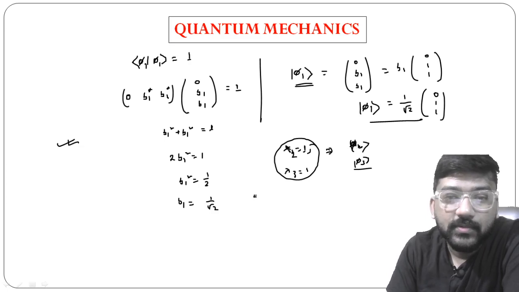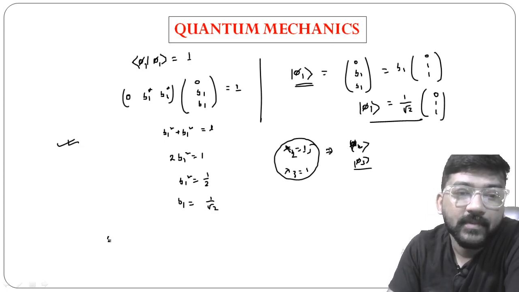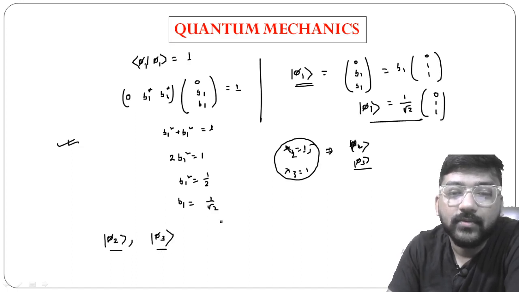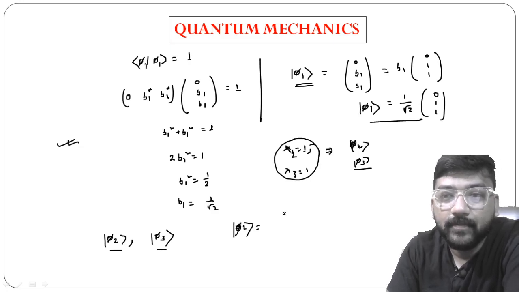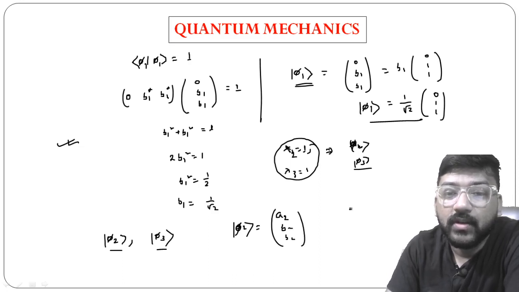But you can see, if you solve this, you will get phi 2 and phi 3 in this kind of form. That is phi 2 is equal to, suppose, a2, b2 and b2, and phi 3 as a3, b3 and b3.